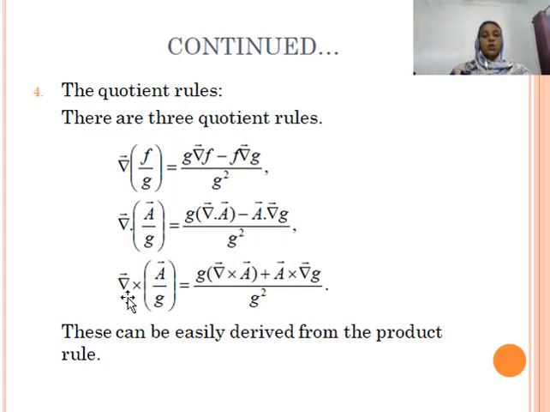Similarly, del cross (A by g) equals (g del cross A plus A cross gradient g) by g square. All these can be easily derived from the product rule.